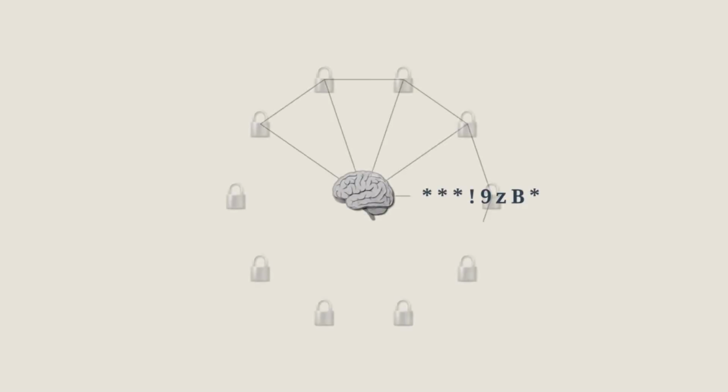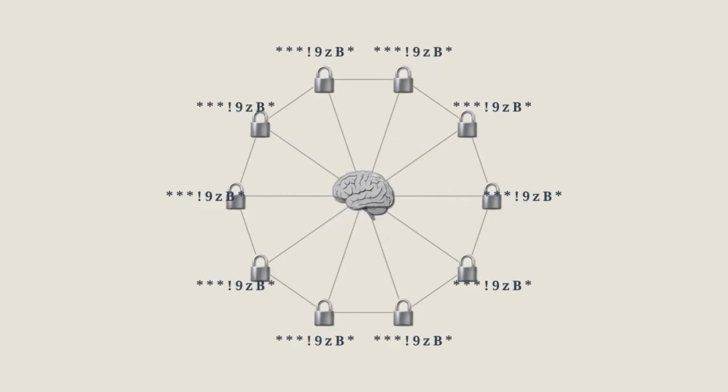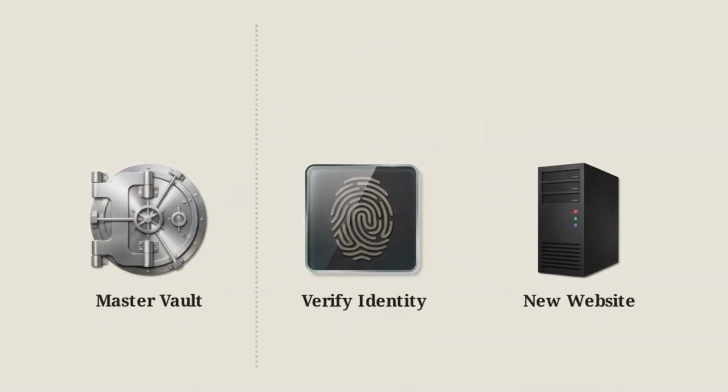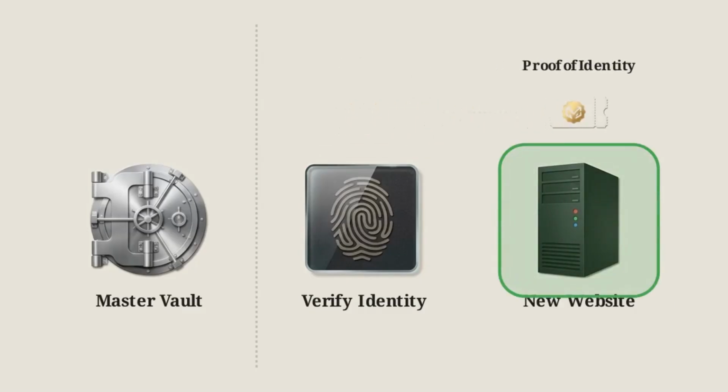Because the human brain cannot easily manage hundreds of unique credentials, most people reuse the same password across multiple sites. This creates a massive security vulnerability. A breach at one small website can expose your data everywhere else. To fix this, the internet had to solve a specific problem: finding a way to give a new website proof of your identity without ever letting that website touch your secret credentials.